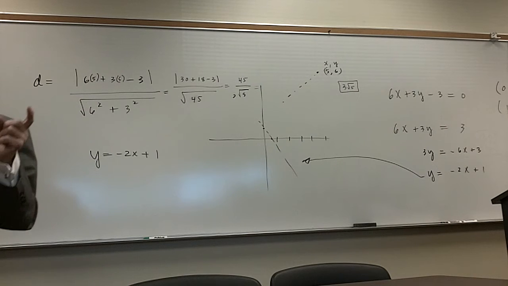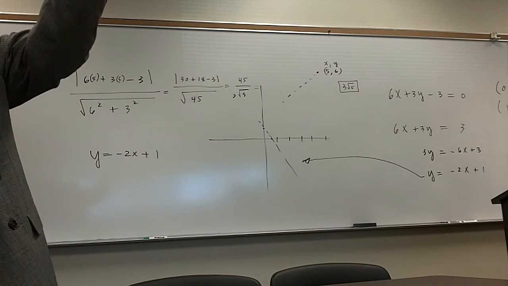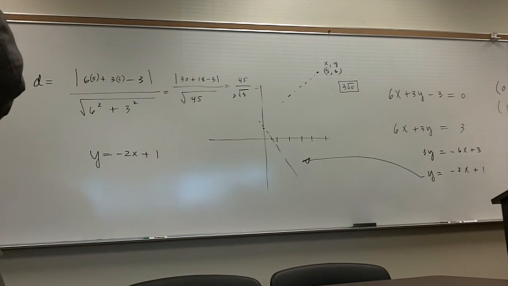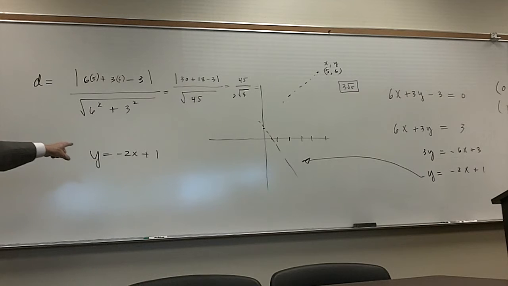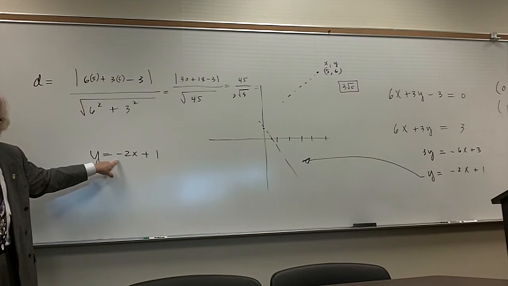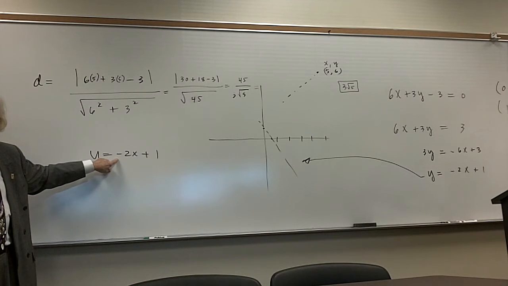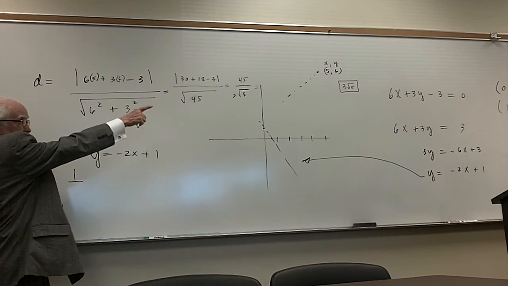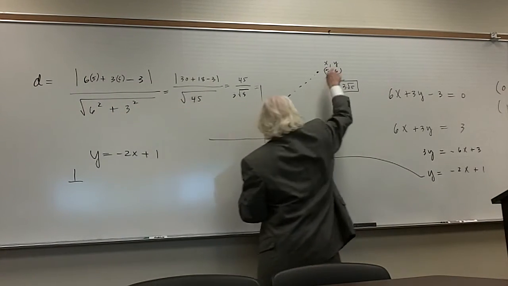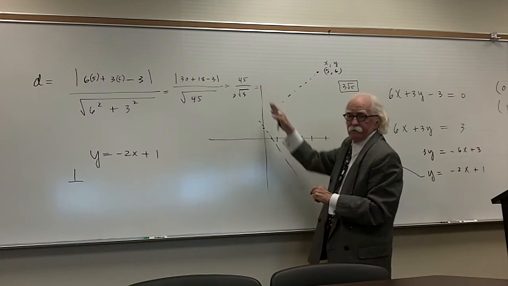Well, listen to this. The equation of your other line, its slope has to be opposite in sign of this one and the reciprocal of this slope. So here is the perpendicular, because this line is perpendicular to this line.